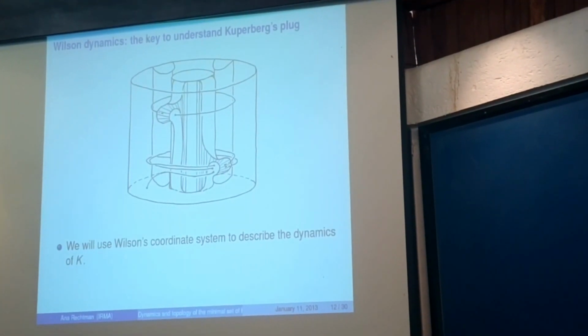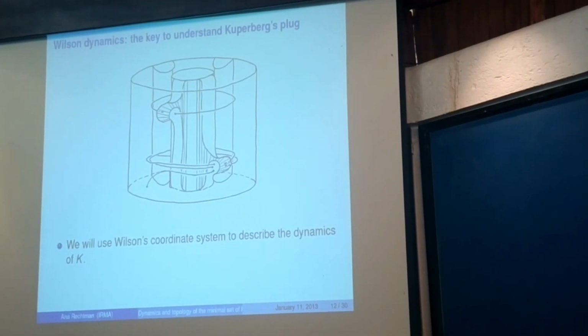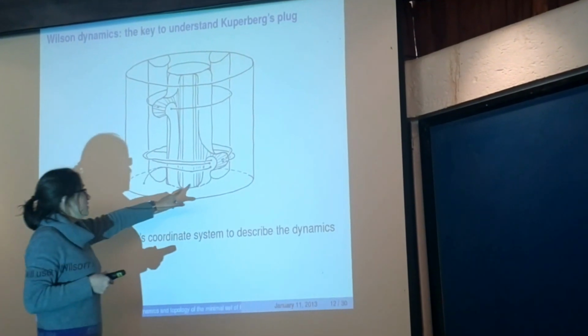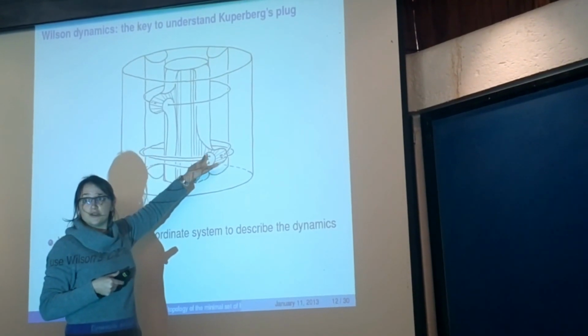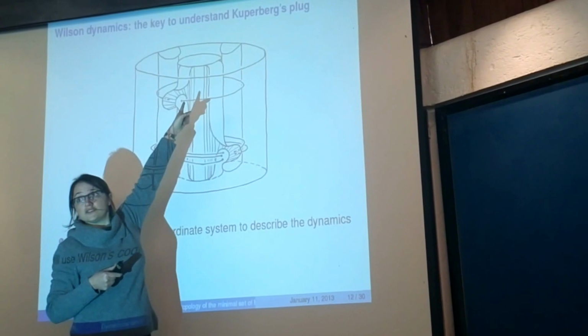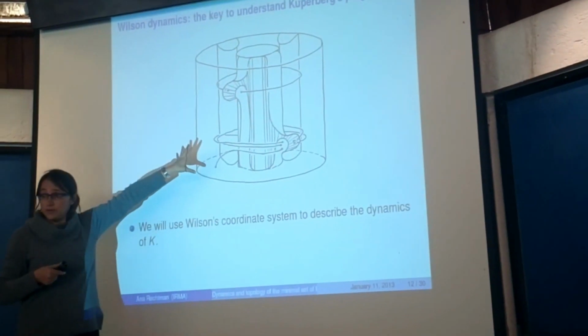This has all the information of the Kuperberg plug. If you identify, for example, this entry region of the insertion with the disk that is here behind, and the exit with the top disk, and the same with the center.